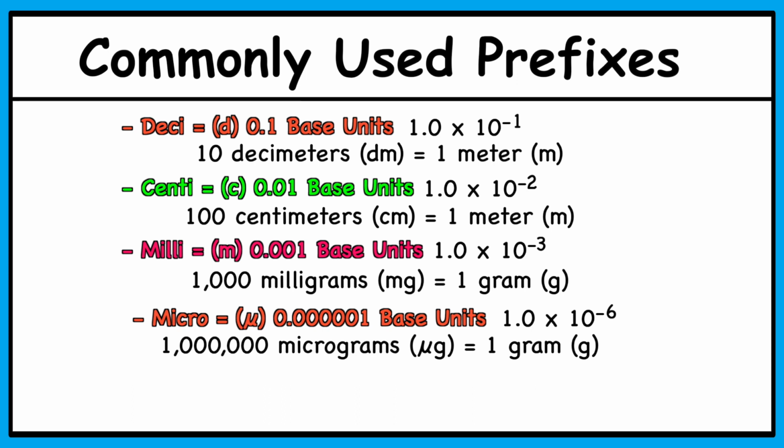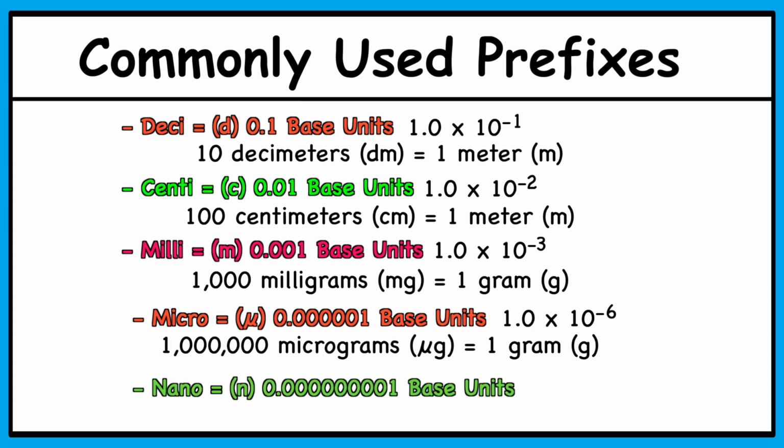Our final prefix for today is nano. Nano is represented with a lowercase n, and that is 0.000000001 base units, or 1/1,000,000,000th of a base unit, or in scientific notation, 1 times 10 to the negative ninth power of base units.